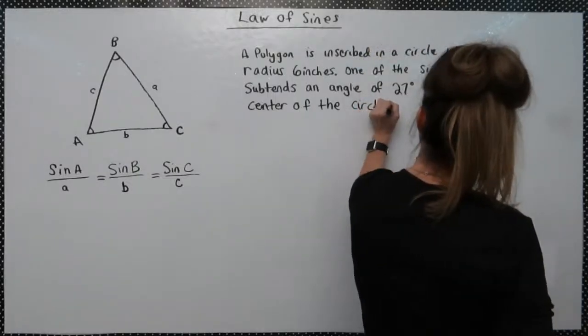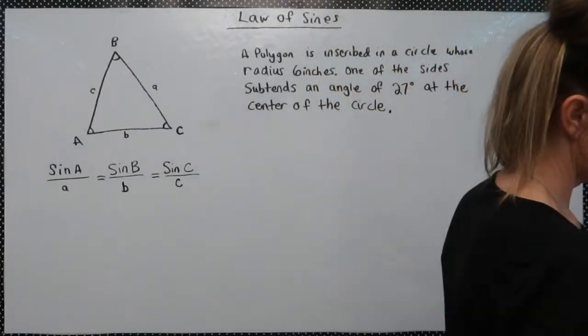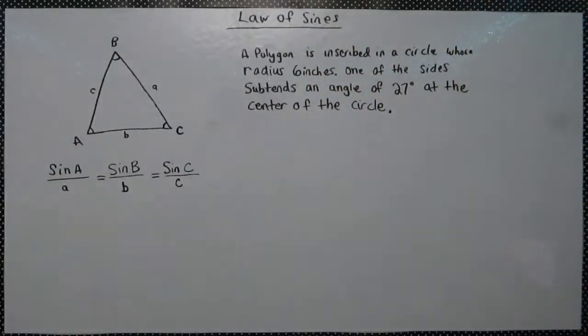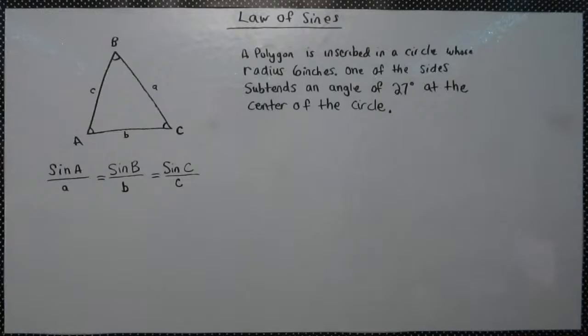So I got to thinking about this, and if we have a polygon that has 27 degrees at the center of the circle, then it says not quite 13 sides.